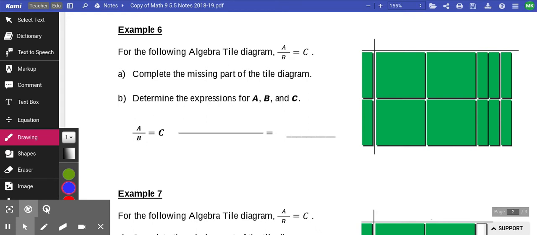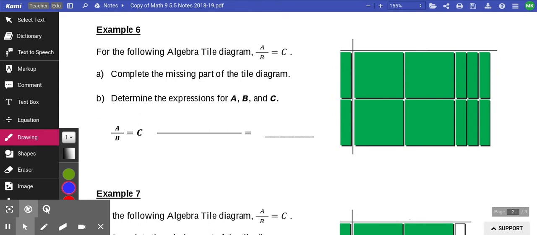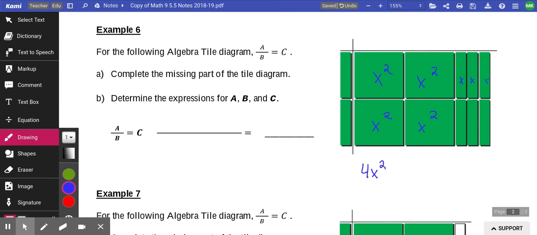When it comes to the algebra tiles, for division, they still set it up as an area diagram. What this represents is, if you take the inside here, this is x squared, x squared, x squared, x squared, so 4x squared. And then there's 1, 2, 3, 4, 5, 6 x's.